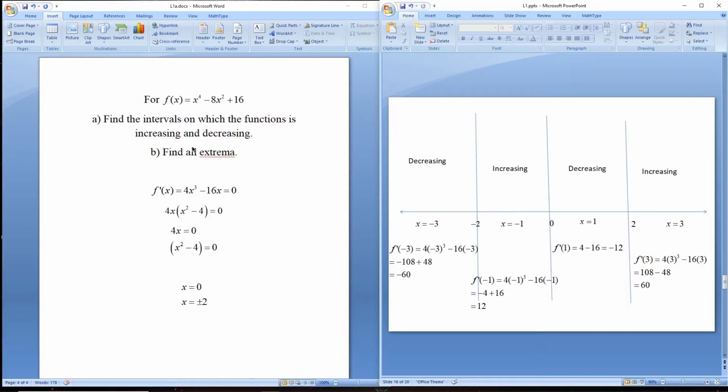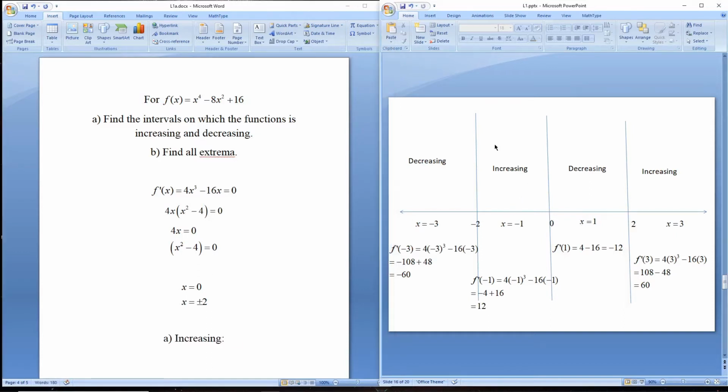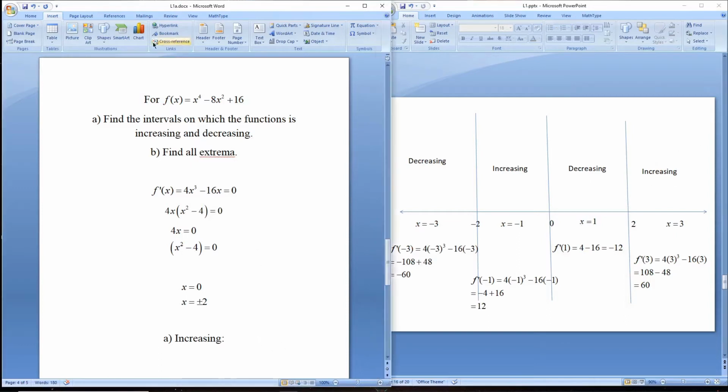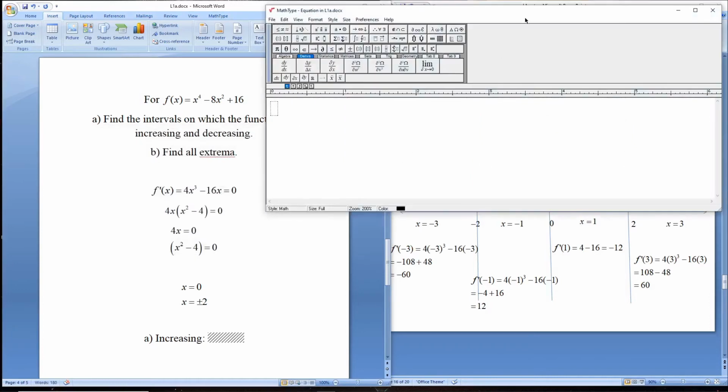So we now have our answer for part A. What is the interval that this function is increasing on? Well, it's increasing in this second region and in this fourth region. So we'll just write that down in interval notation.